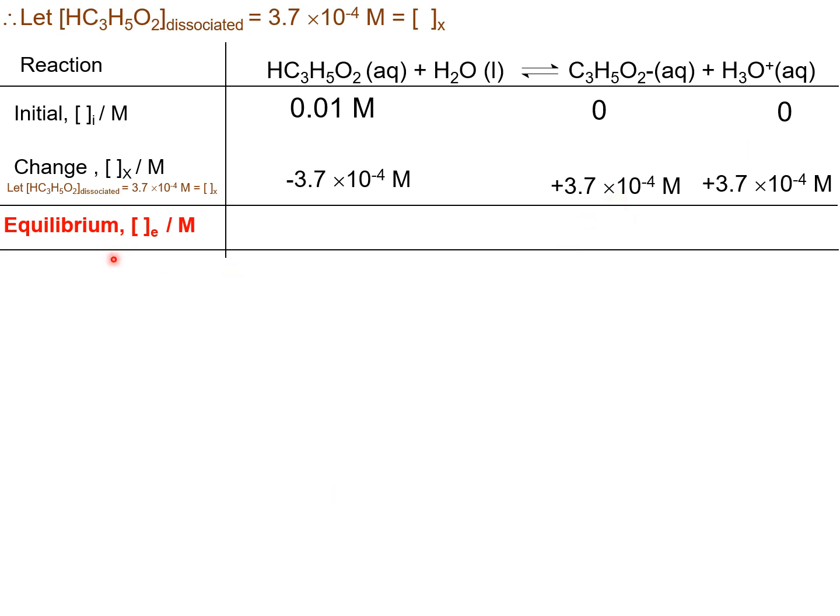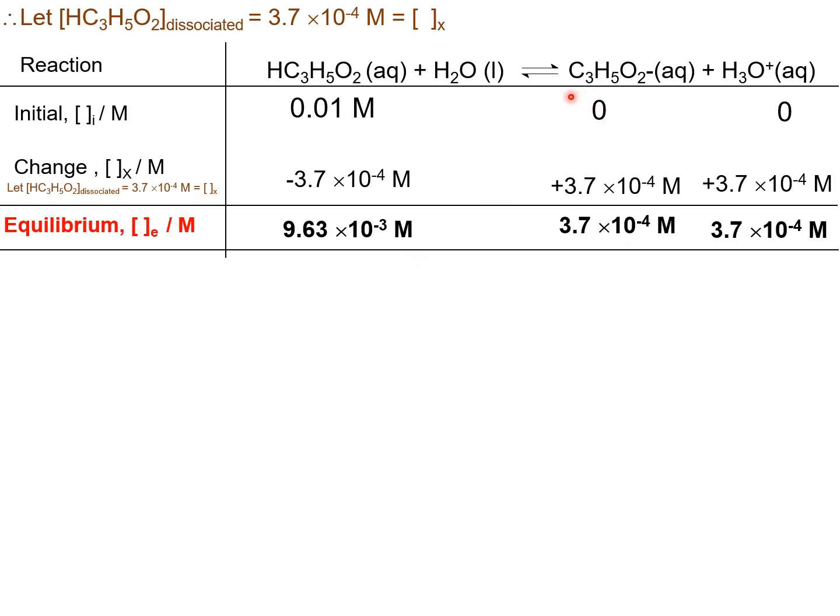Next, at equilibrium, you just add these two. So 0.01 plus minus 3.7 times 10 to the power of negative 4 molar, you will get 9.63 times 10 to the power of negative 3 molar.